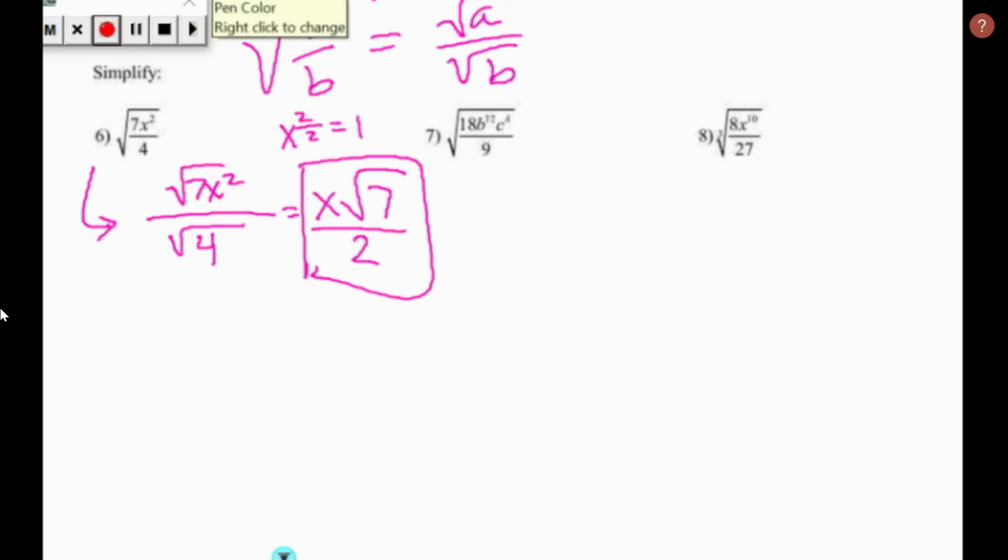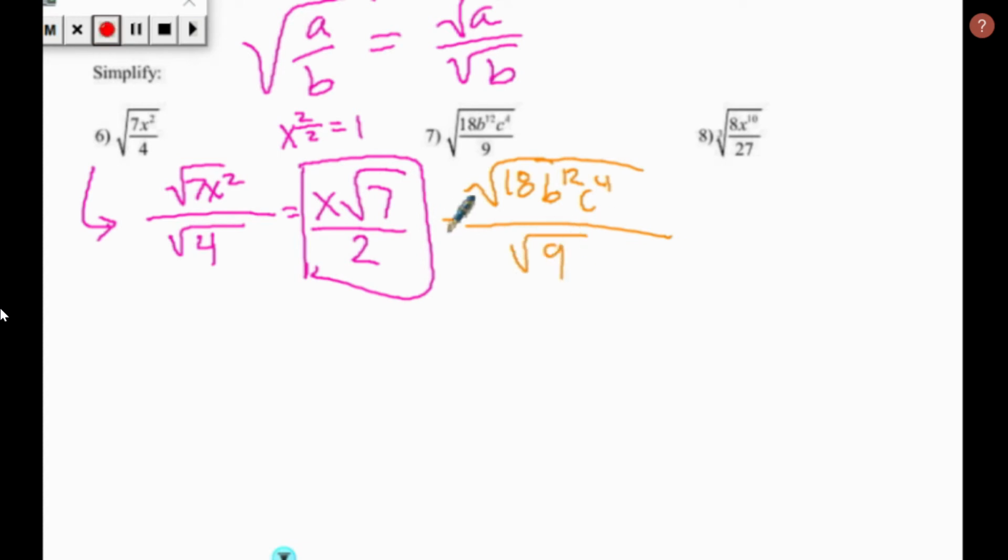So if I go to number 7, I'm going to look at, can I take the square root of 18b squared c to the 4th, and the square root of 9. As I'm moving forward to break down 18, the square root of 18 is going to break down into 9 and 2. 9 is my perfect square, leaving 2 by itself on the inside.